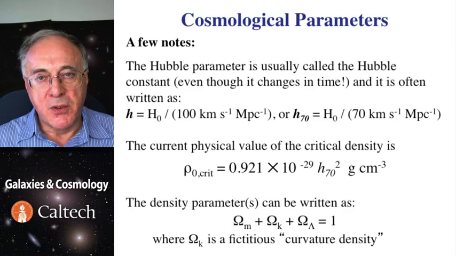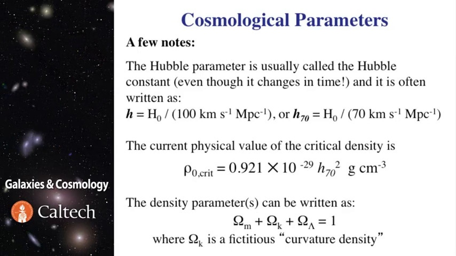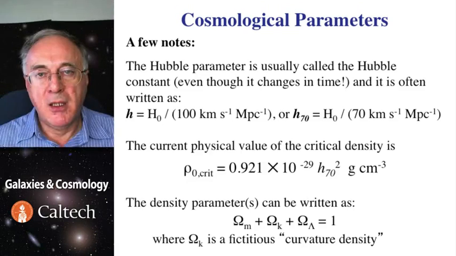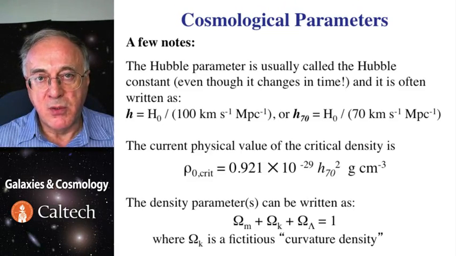So let's have a few notes here. Hubble parameter is often or always called Hubble constant, and it's sometimes written in the following normalized form. We divide actual value of Hubble constant, which is usually expressed in kilometers per second per megaparsec, by 100, and that is denoted with lowercase h, normalized Hubble constant.